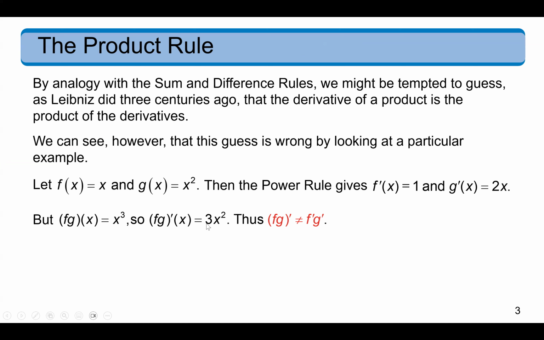And the derivative of x cubed will give me 3x squared. So here we can see that the derivative of fg is not the same as the derivative of f times the derivative of g, because we get 2x and the other gives us 3x squared. With the sum and difference rules, it will be the same.